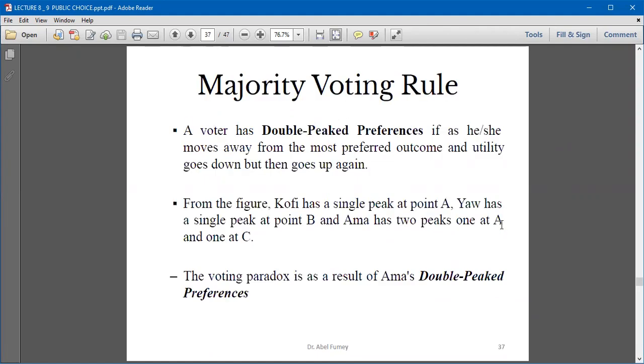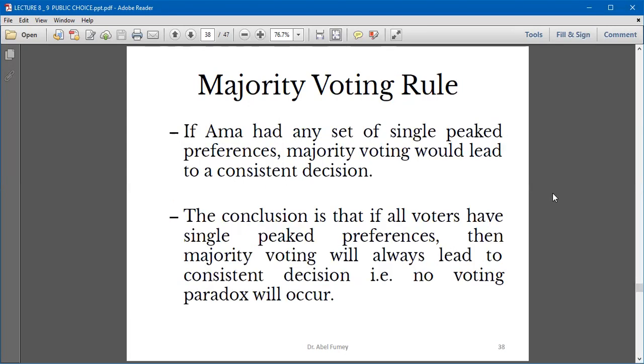So that is a double peak preference that we have. As I said, Kofi and Yao were having single peak, but Amma was having a double peak. That is why we're having the voting paradox.